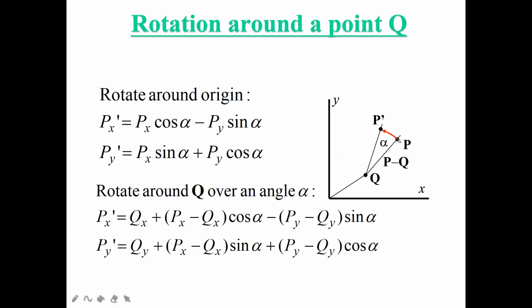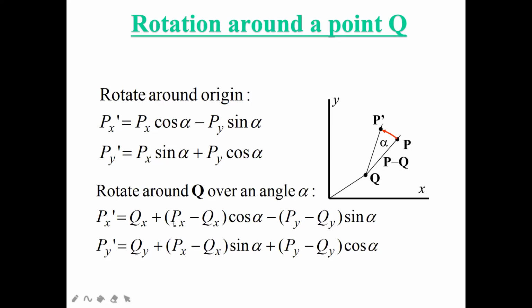If the distance were p, I could have written px and py, but here, as I'm moving from a fixed point, I got the distance as p minus q. That's the reason instead of px I have to write px minus qx.